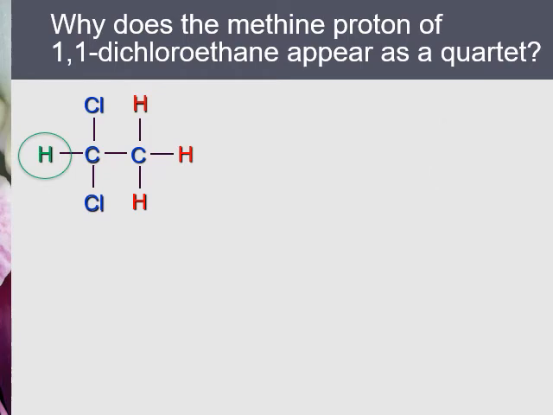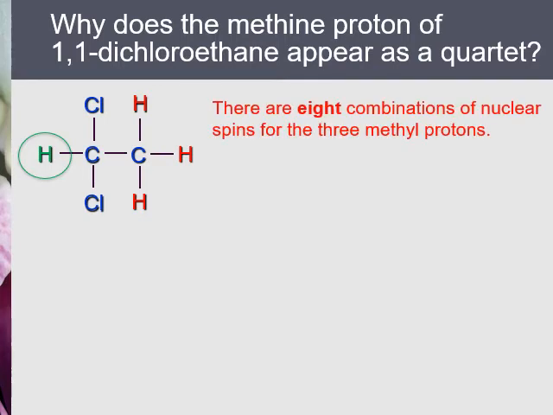Let's look at the possible combinations of the spin states for the 3 hydrogens. There are 8 combinations of the nuclear spins for these 3 protons. One is all of them spin up. So this first hydrogen spin up, second hydrogen spin up, third hydrogen spin up.